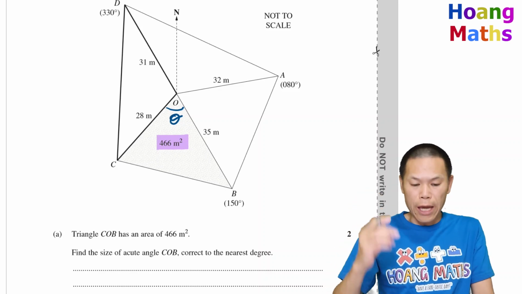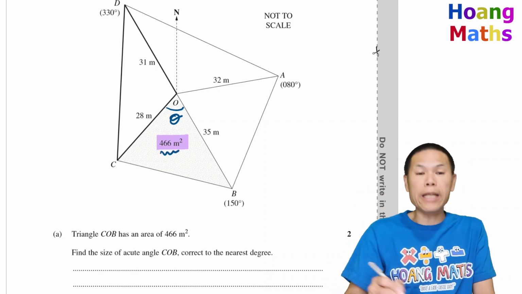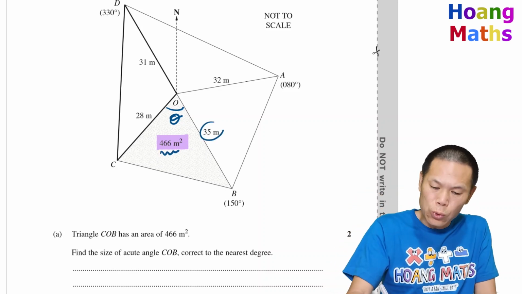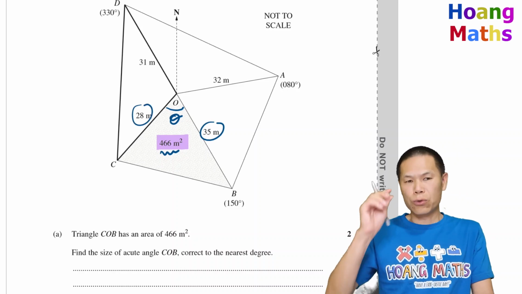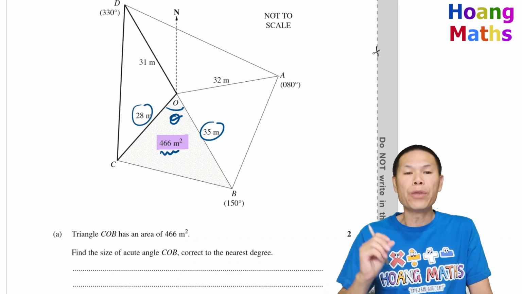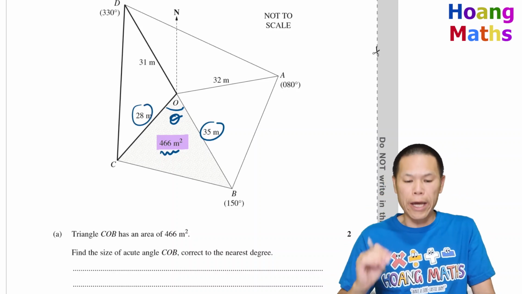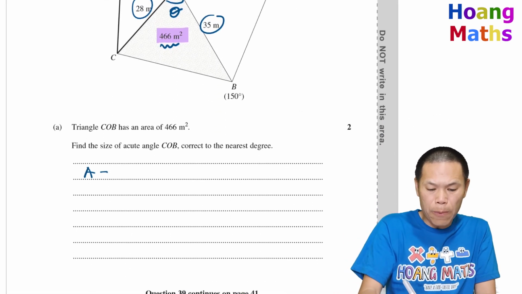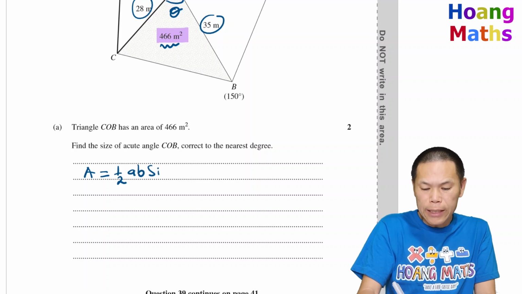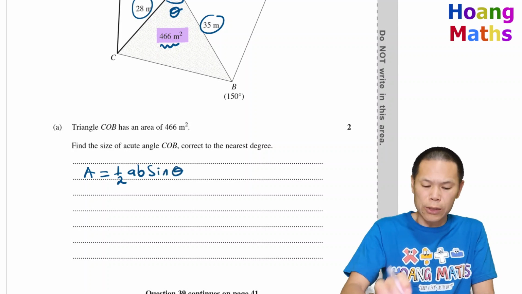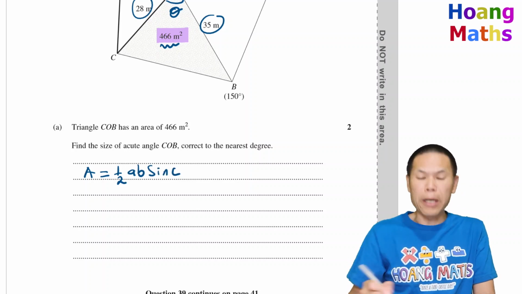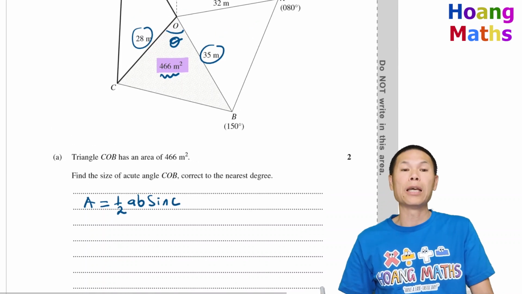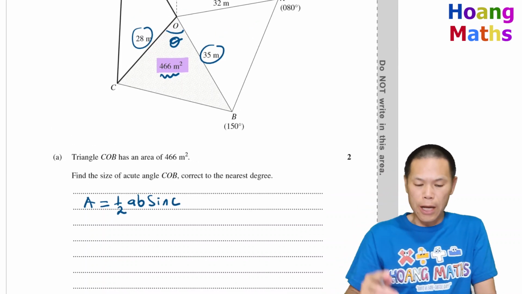We know that the area is 466 and two sides are given. So to work out the angle in between, we use the area of a triangle formula. The area of a triangle is half ab sine C, the angle in between, but in this case, angle C is theta.